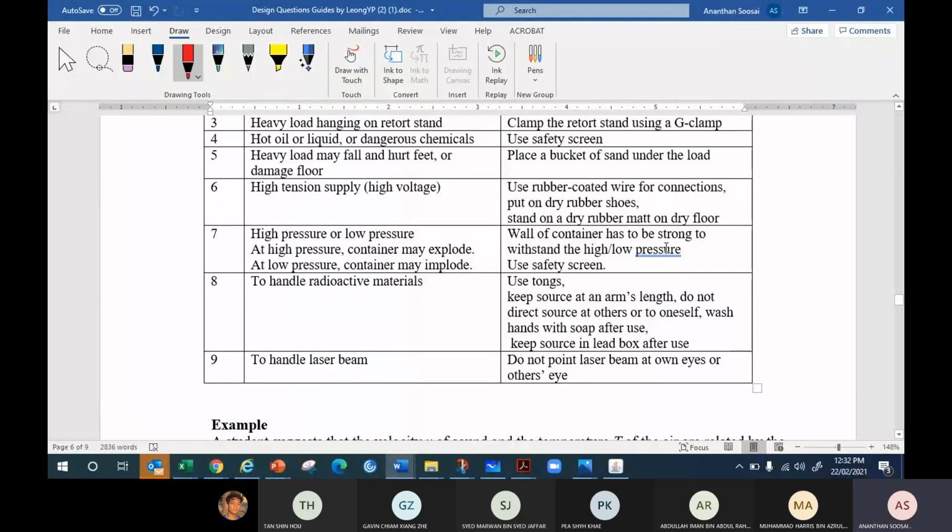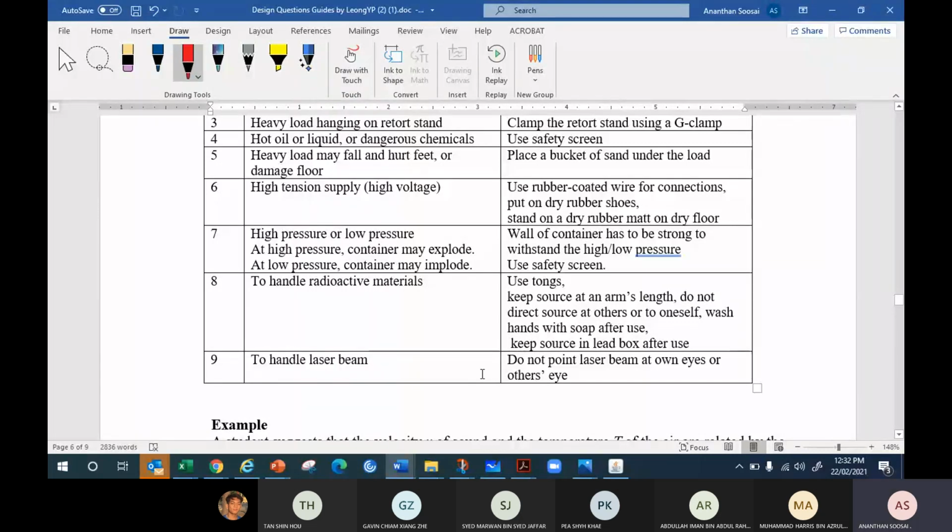So these all are safety. Radioactive has a long list of safety. Use tongs, like a long plier, about 1 meter long, to handle the radioactive source. We don't touch the radioactive source by hand. Use tongs, like a plier. Keep the source an arm's length away, and so on.